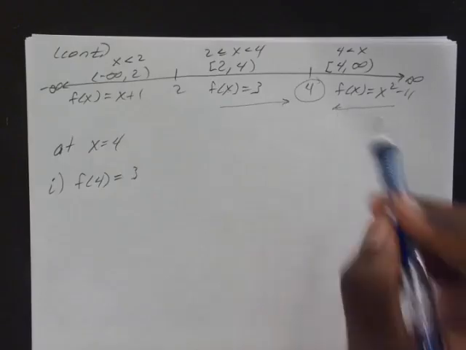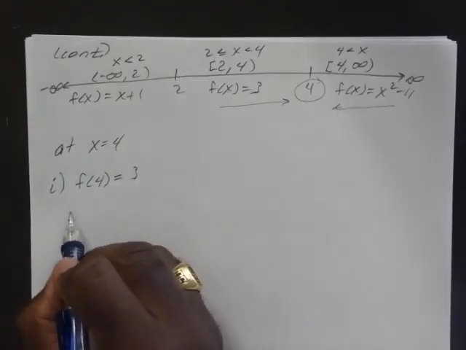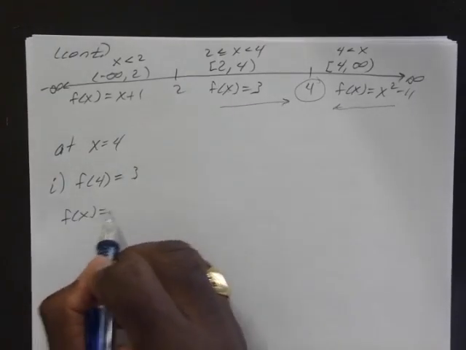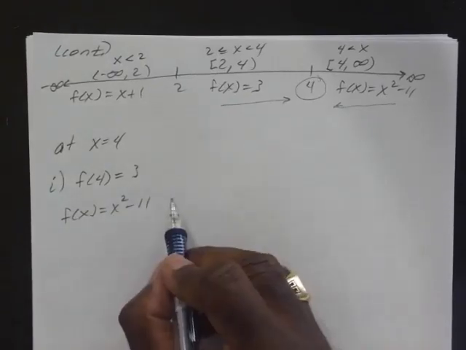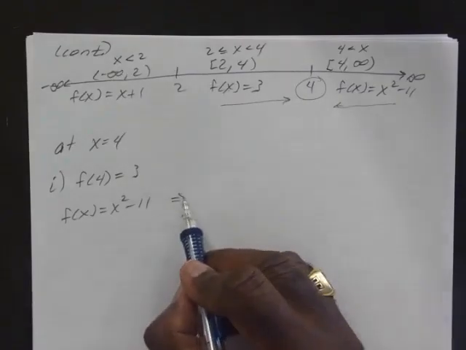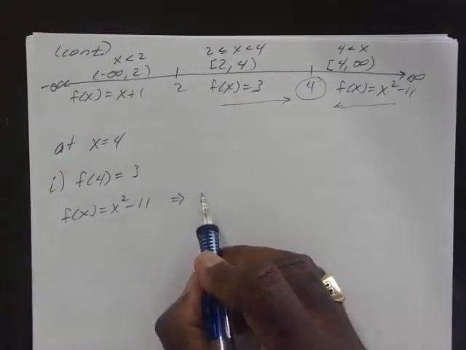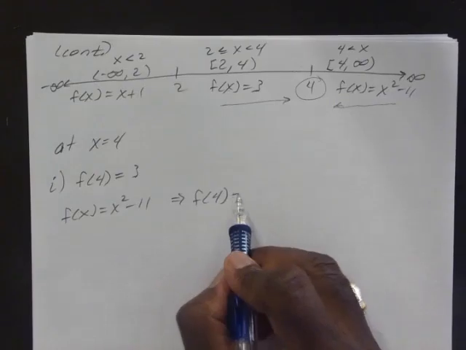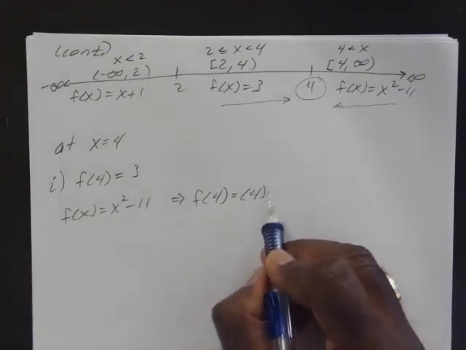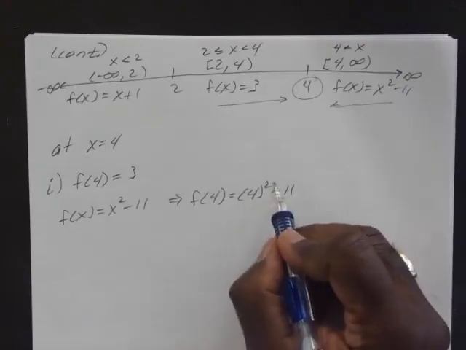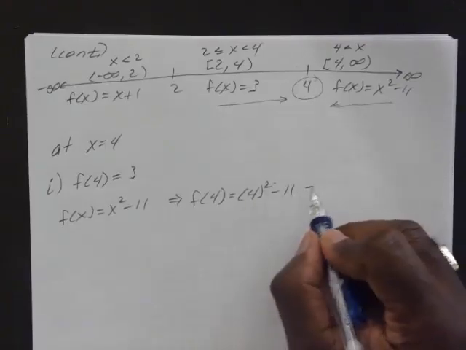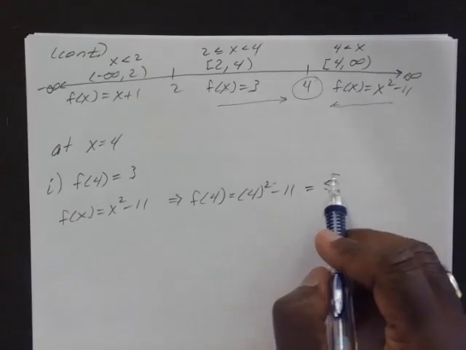Now from the right, f of x is equal to x squared minus 11. Which means that f of 4 is equal to 4 squared minus 11. Four squared is 16. 16 minus 11 is 5.